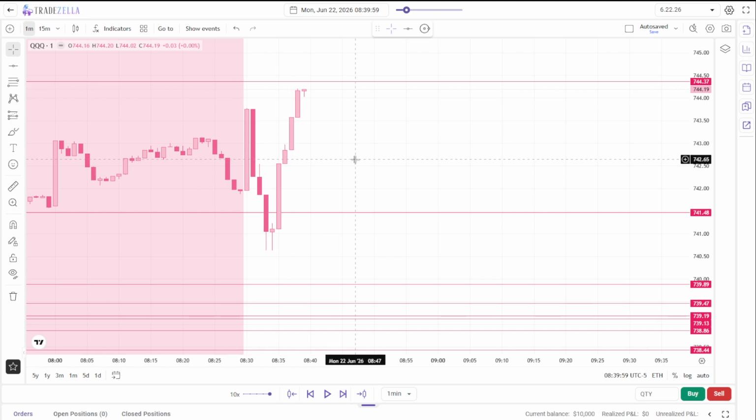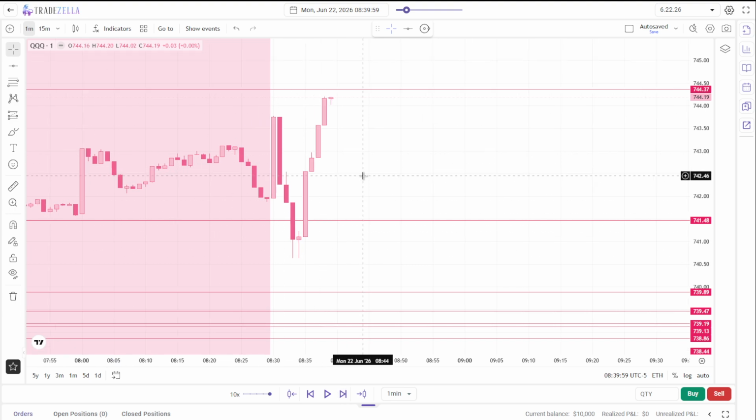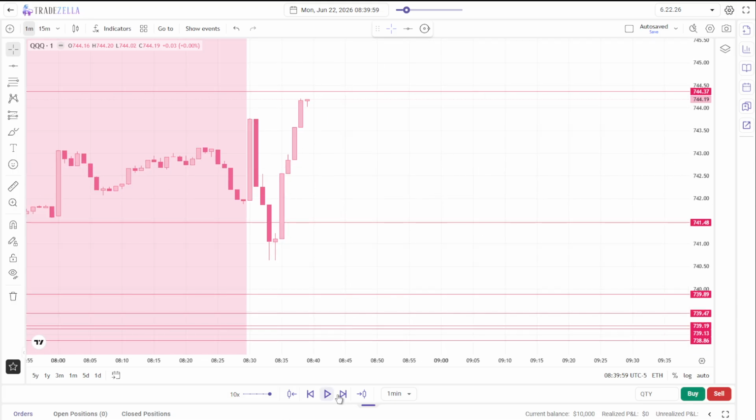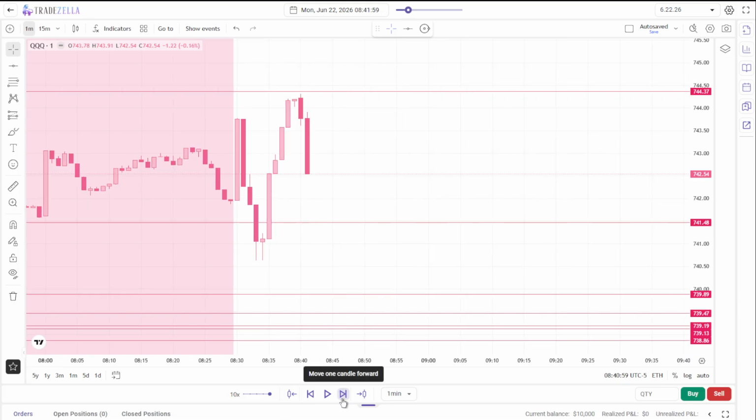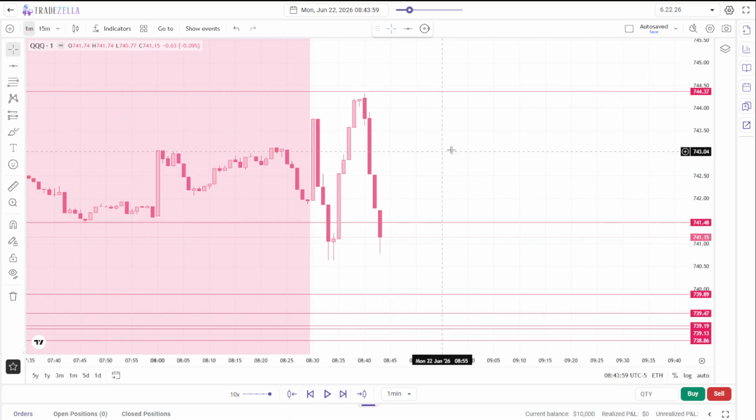Now this market looks totally different from TradingView. I'm gonna switch this to TradingView because this does not look like the same price action that I followed this morning.